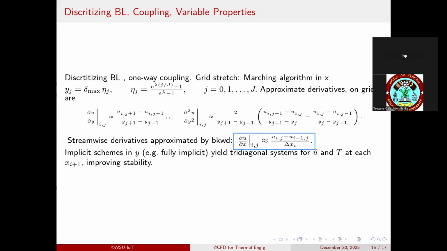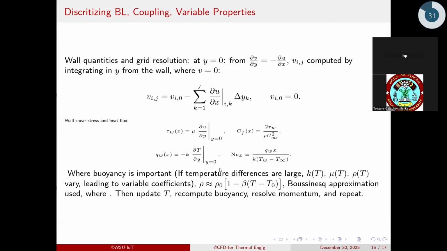From the continuity equation, we can compute the boundary layer velocities by integrating in y from the wall. Wall shear stress and diffusion coefficients are determined by solving the momentum equation.